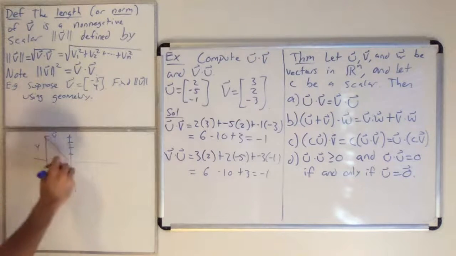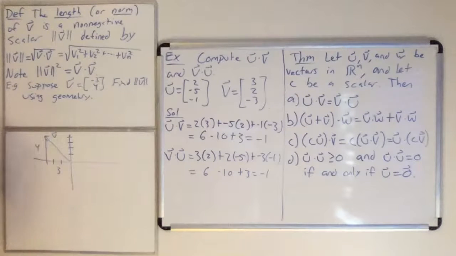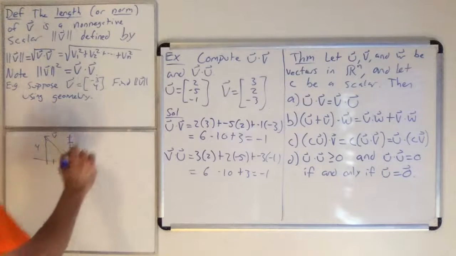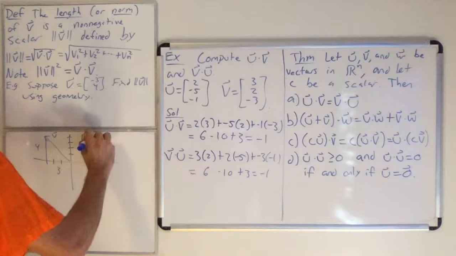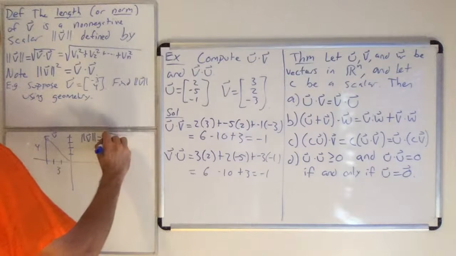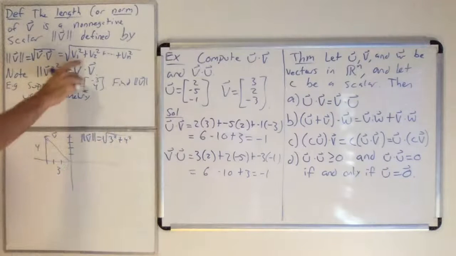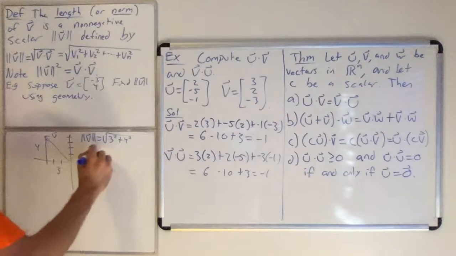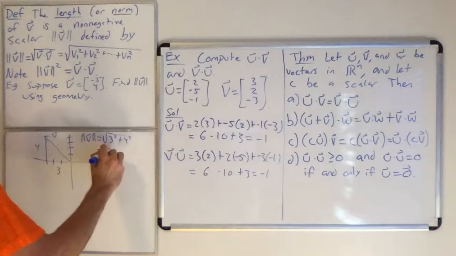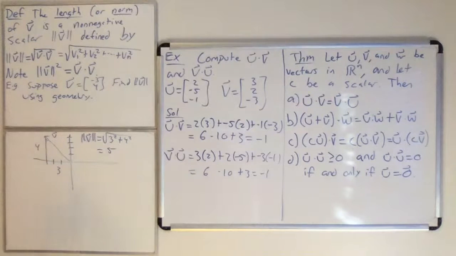So the length of the hypotenuse, which is the length of the vector, is equal to the square root of 3 squared plus 4 squared, right? Which is exactly what this formula says up here, which is 5. Okay, so this length definition kind of just generalizes the Pythagorean theorem to a couple more variables.